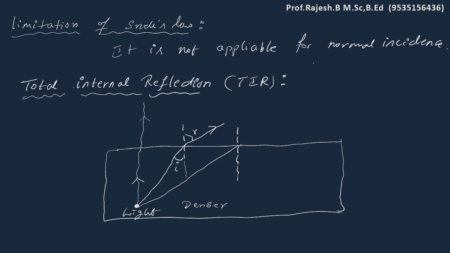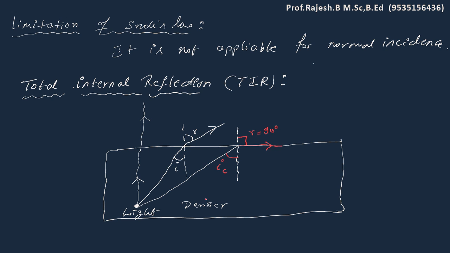I'll show you in a different color. This is the light grazing over the surface. This is the angle of refraction, 90 degrees. This particular angle we call the critical angle.